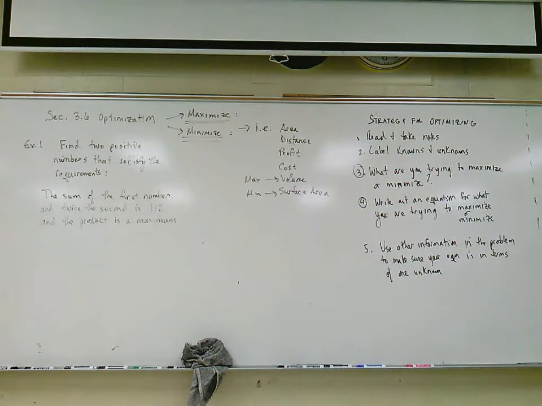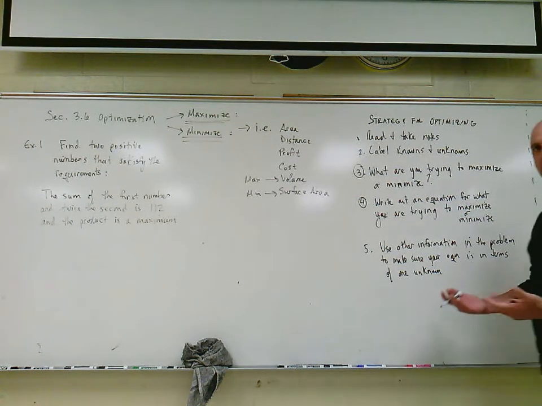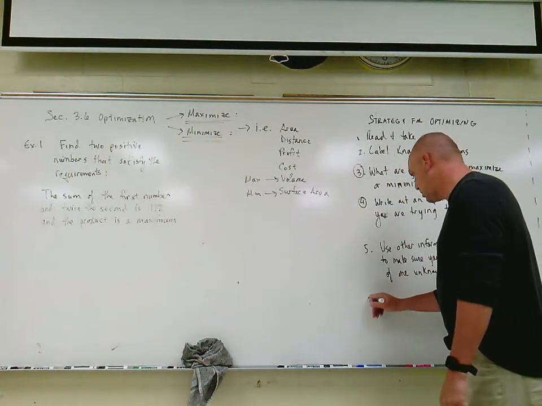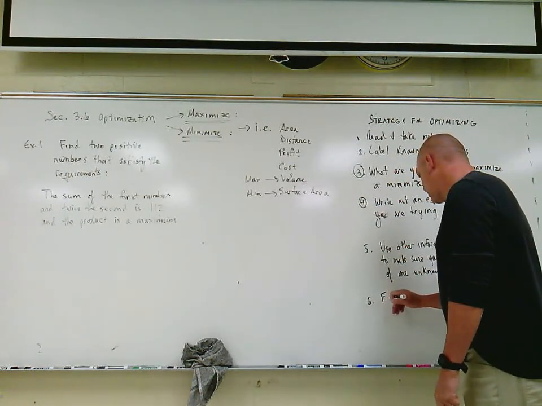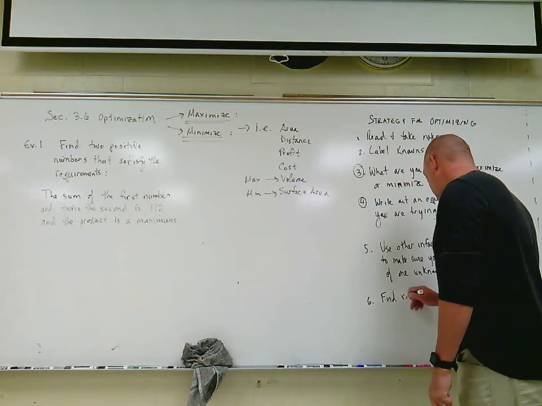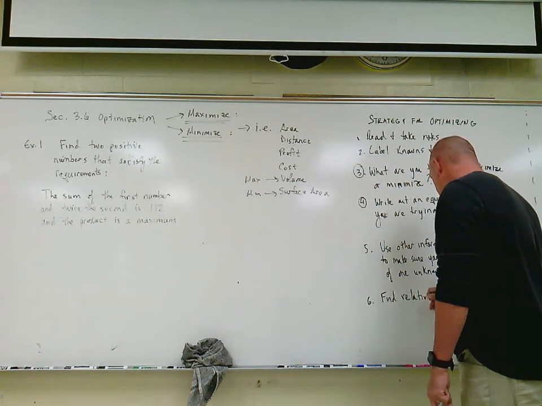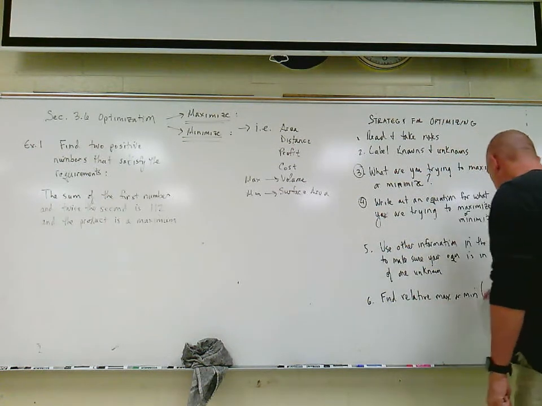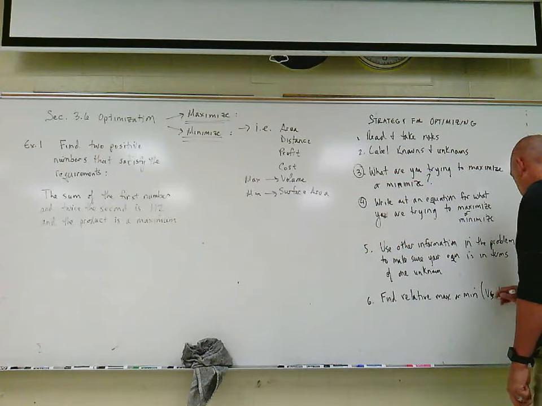Then after you get whatever it is that you want to maximize or minimize with one unknown, you're just finding the relative max or relative min. You're just doing what we've been doing. You use whatever first or second derivative test to find relative max or relative min. Use first derivative test.